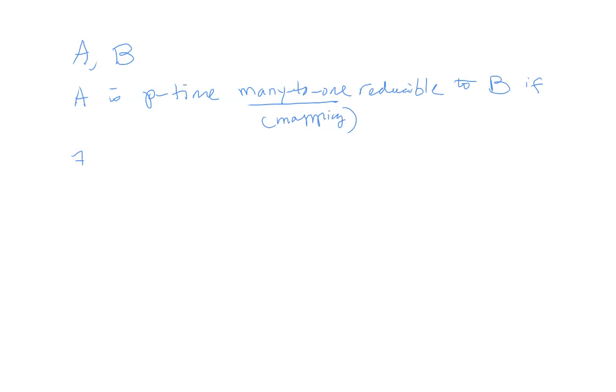First, there is a P time Turing machine. P time is shorthand for polynomial time.